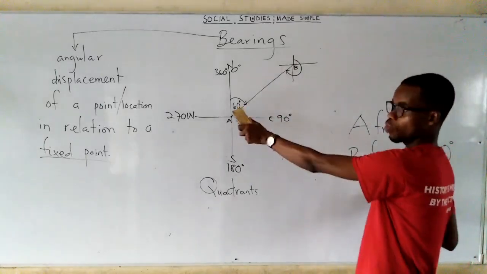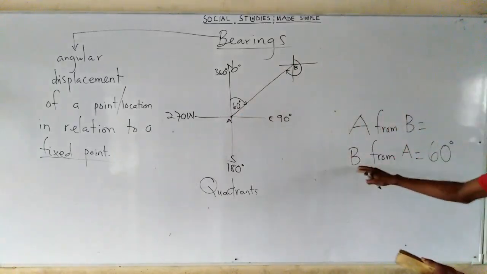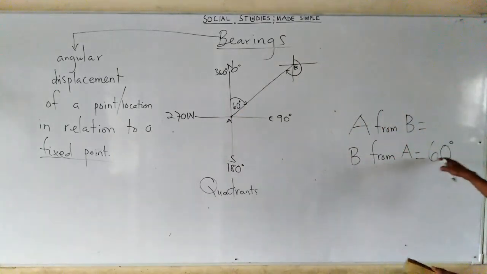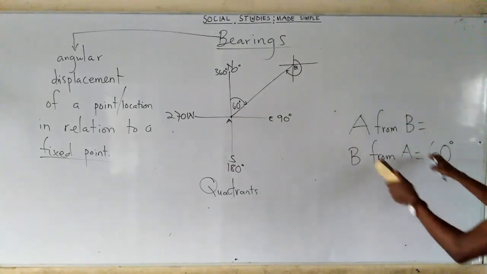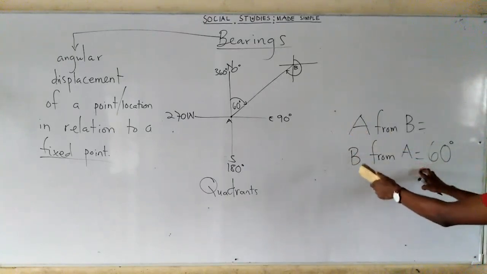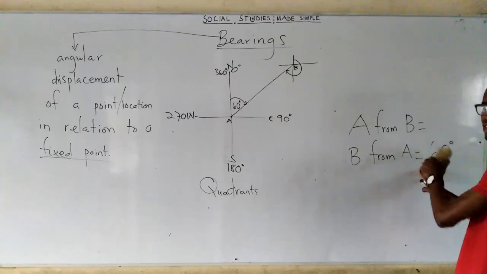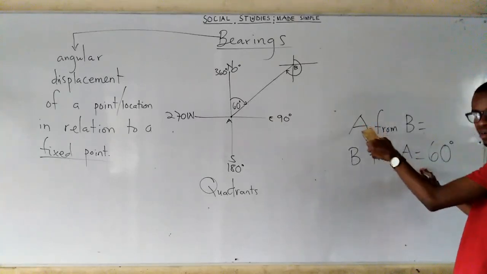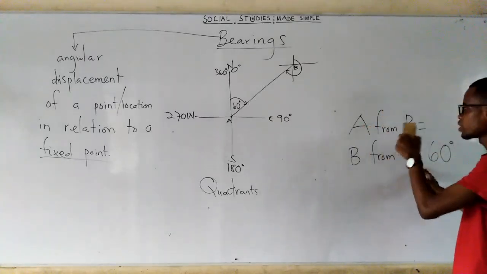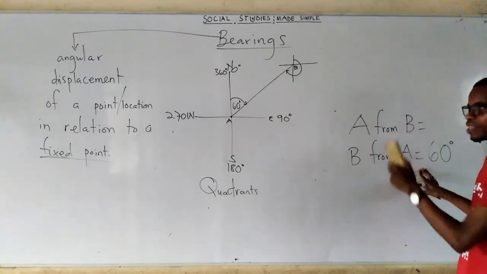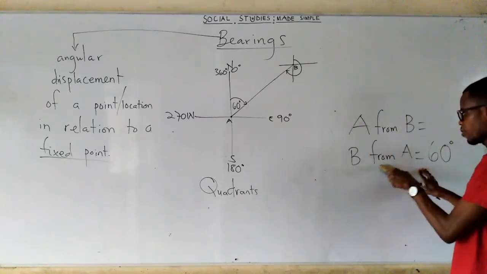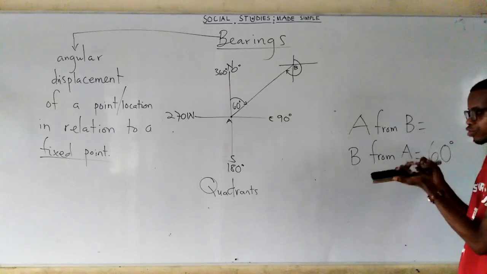So if you are given one and you are asked to find, so we now have B from A, which is 60 degrees. Now they said if the bearing of B from A is 60 degrees, what will be the bearing of A from B? If the bearing of B from A, now how do you get a fixed point?